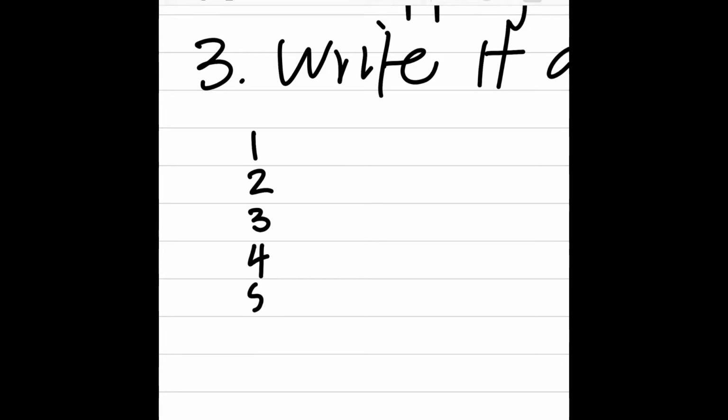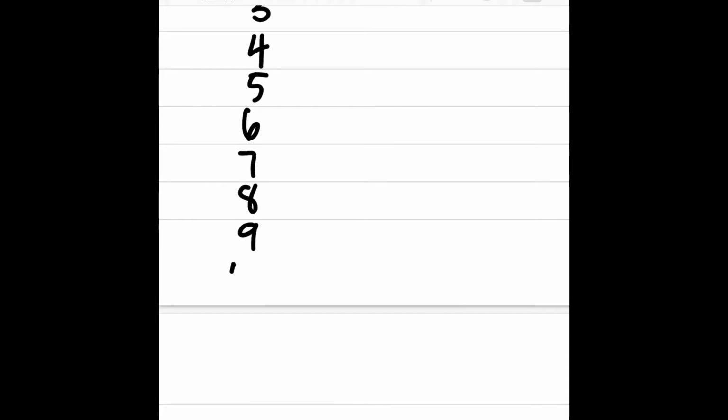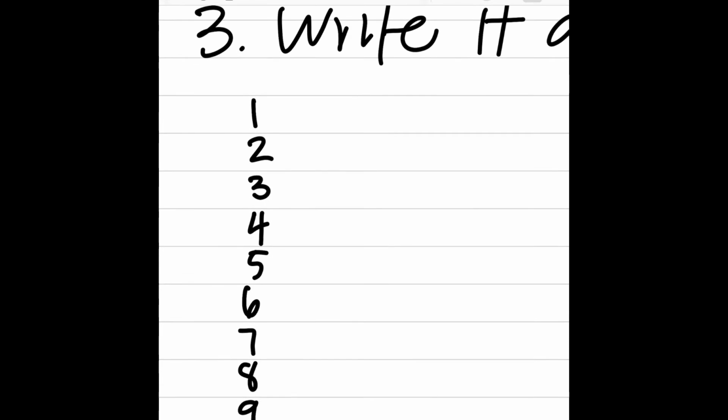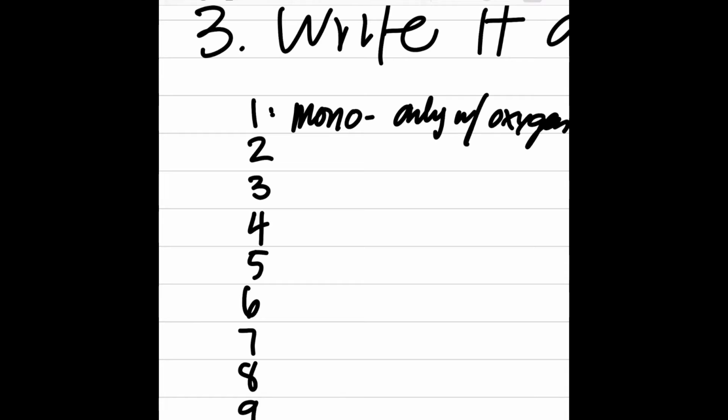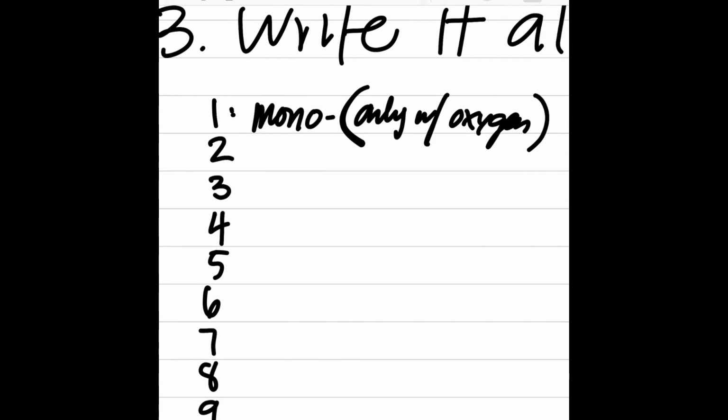There are 10 of them. So 1 is mono, and that is only with oxygen. 2 is di, 3 is tri, 4 is tetra. If you're not writing these down, please write these down.